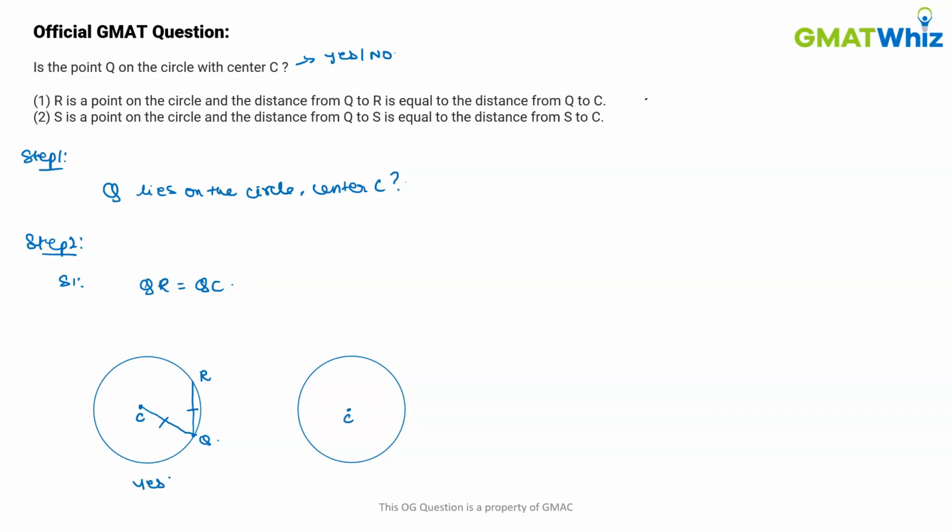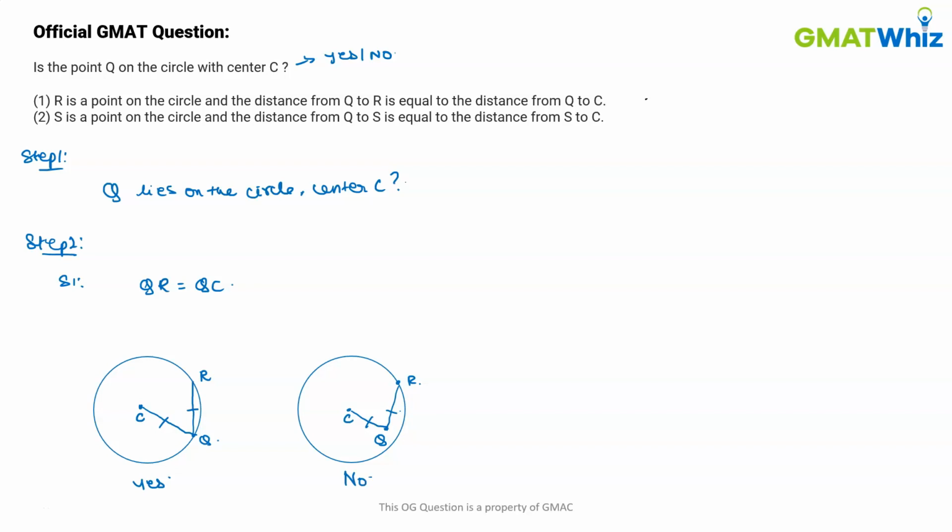Let's draw the center C, R on the circle, and let's take a point Q inside the circle, such that the distance QC is equal to the distance QR. Now this also satisfies the information given in statement 1. However, Q does not lie on the circle.